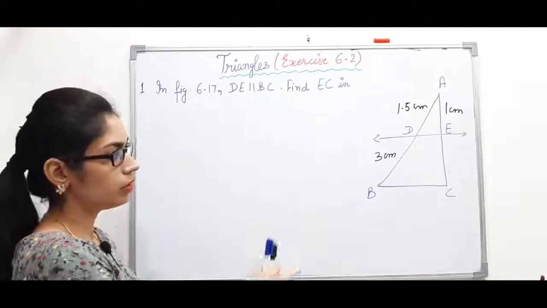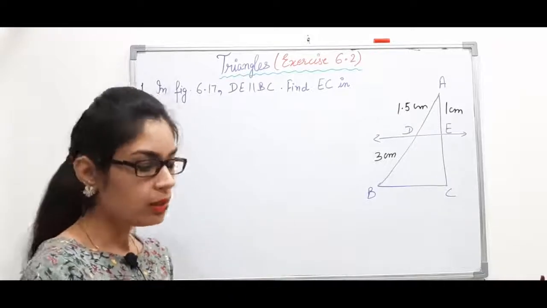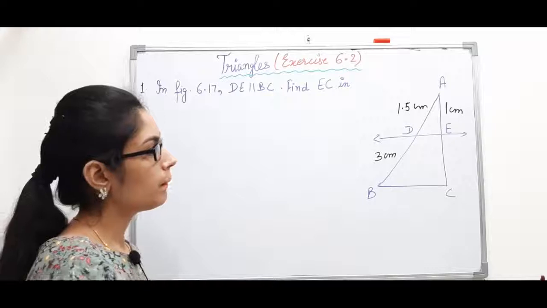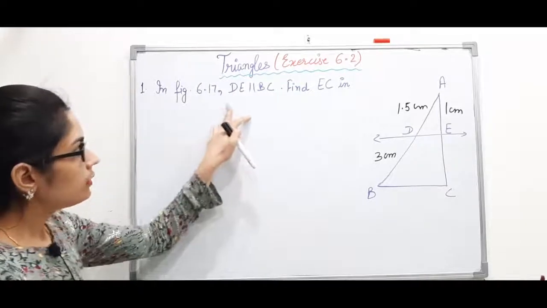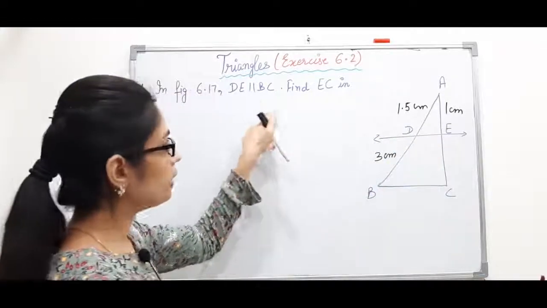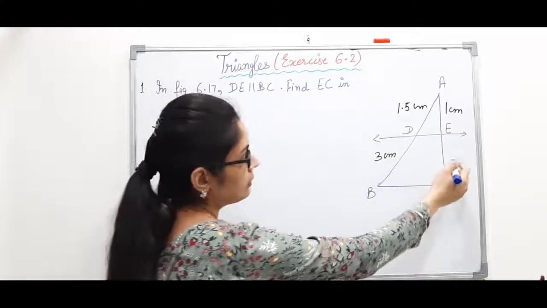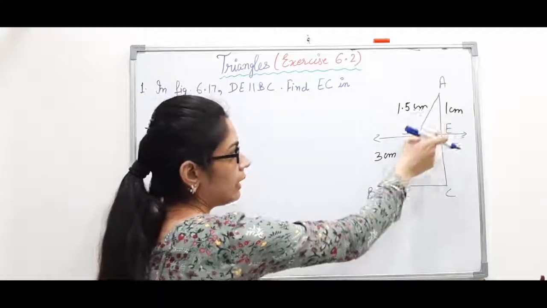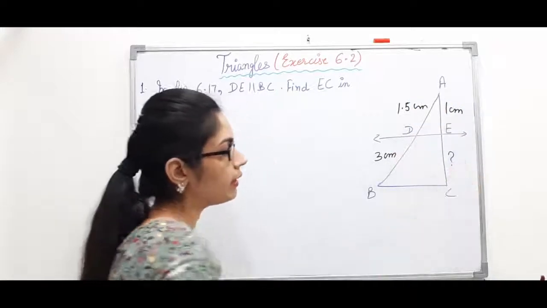In the first question, two parts are there. One part I will do with you and the second one you have to try yourself, because this is very simple. It is given that the line DE is parallel to BC, and we have to find EC. We have been given AD, DB and AE, and we have to find EC.